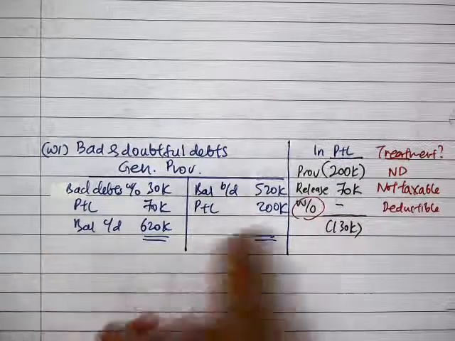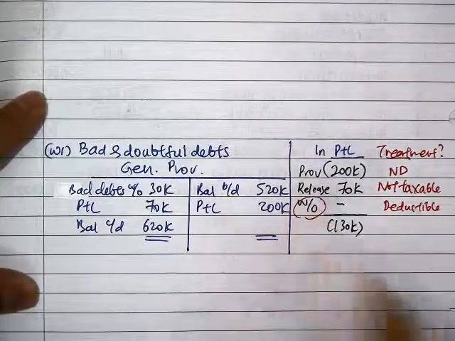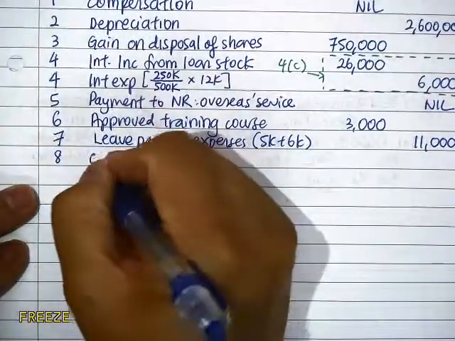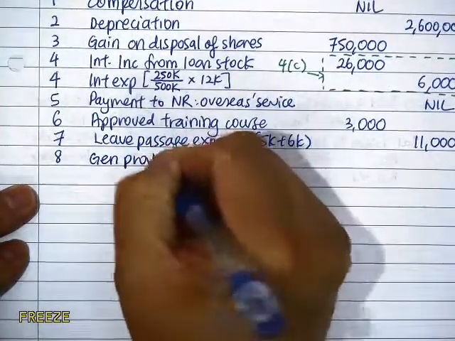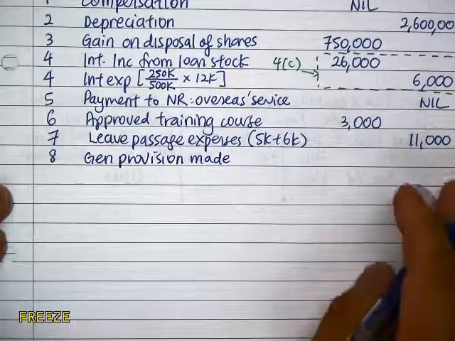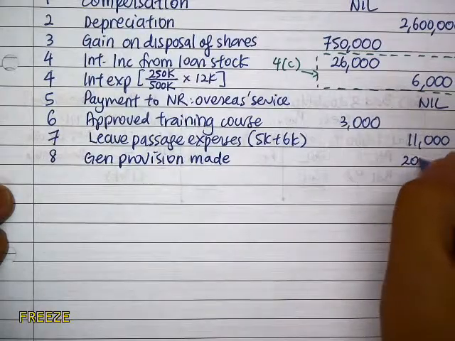Okay? Now, if you know these are the three things, then the three things go to the answer. So I just put back into the answer. So note 8. The general provision made 200, I add back.